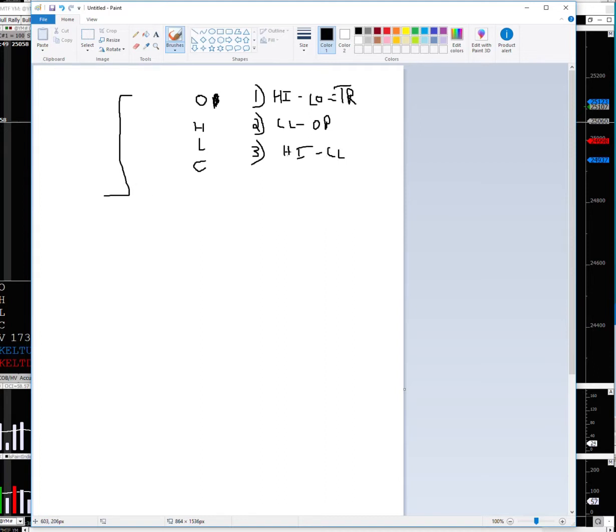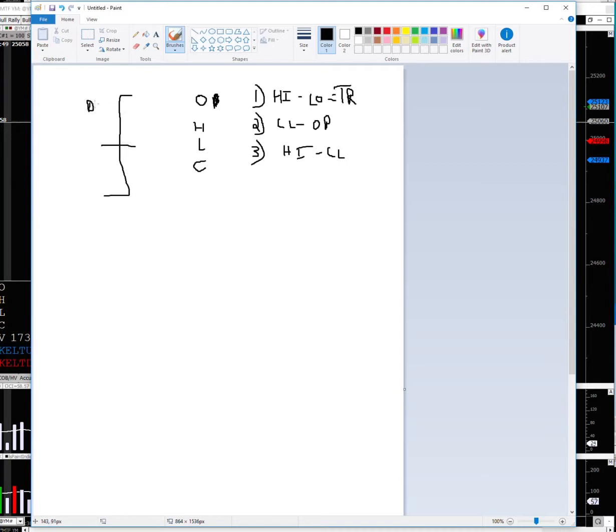Why is this important? In old school technical analysis, what they do is they look at the bar. If it closes in the middle, that means supply and demand are matched. If it closes high end, demand is stronger than supply.